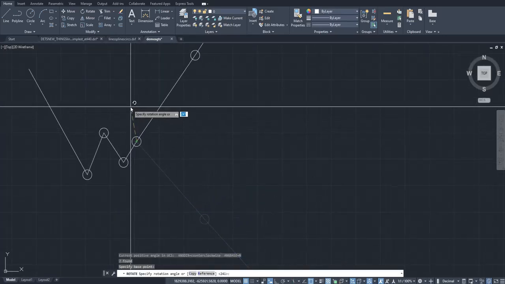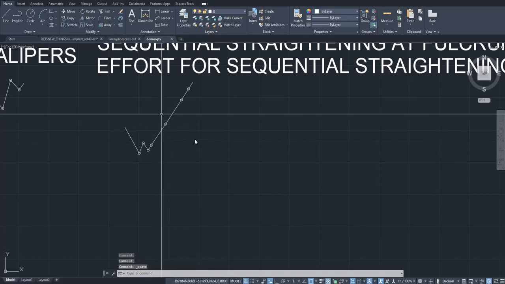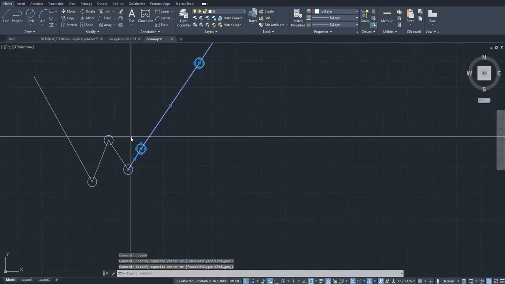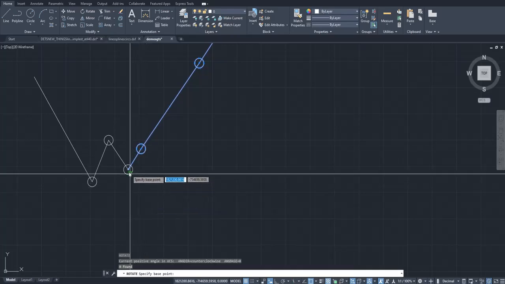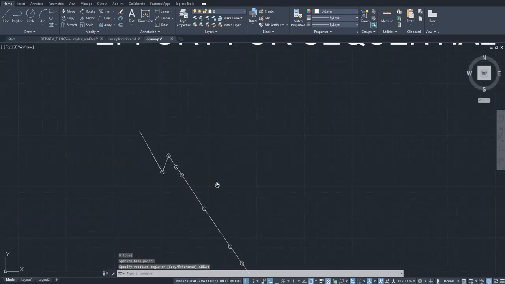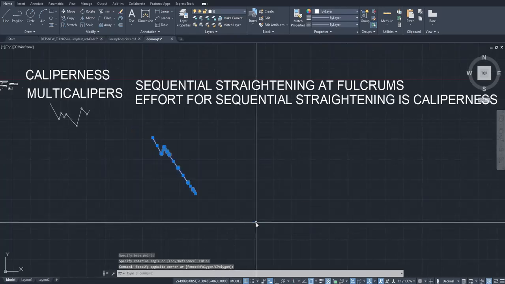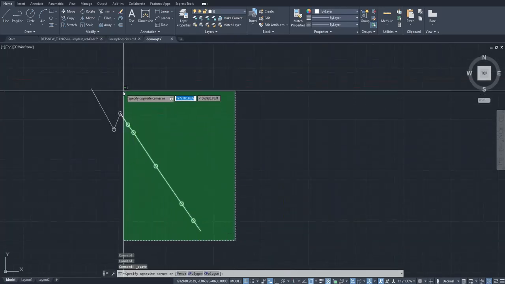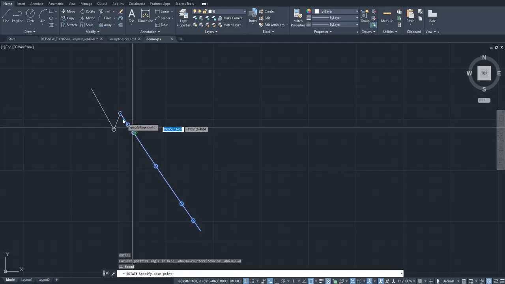This is the sequential rotation of the bunch of line segments which are already collinearized, and these collinearized line segments are generated due to the sequential straightening. I am demonstrating here geometrifying trigonometry.